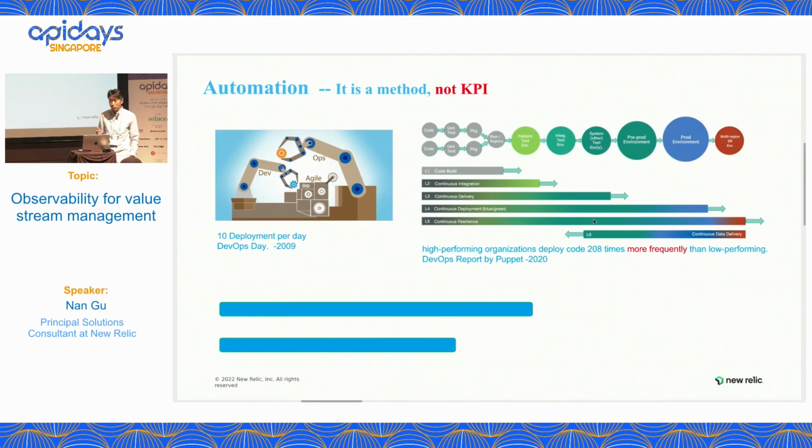Let's look at our software industry, right? We do automation as well. Well, before 2009, where we were still using maybe mainframes, we had monolithic applications where automation was not important. But after that, when DevOps started from 2009, we said we want to do deployment 10 times per day.